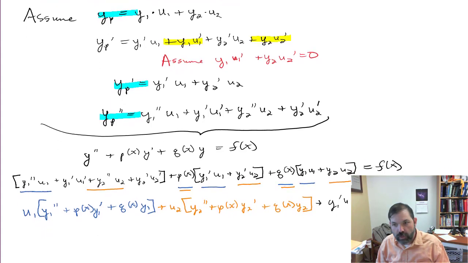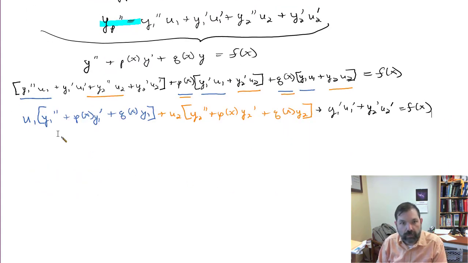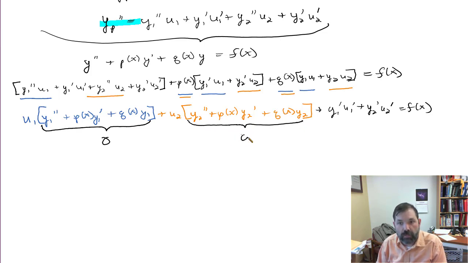If we go back to our recent expression, I see that same expression, y1 double prime plus p of x y1 prime plus q of x y1. This must be 0. Similarly, y2 double prime plus p of x y2 prime plus q of x y2 must be 0.